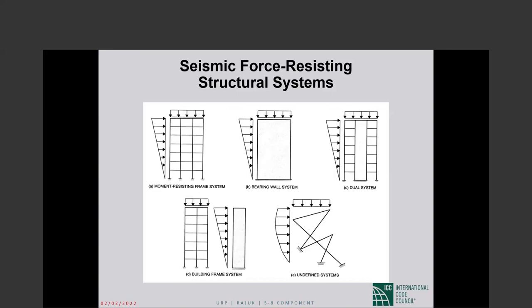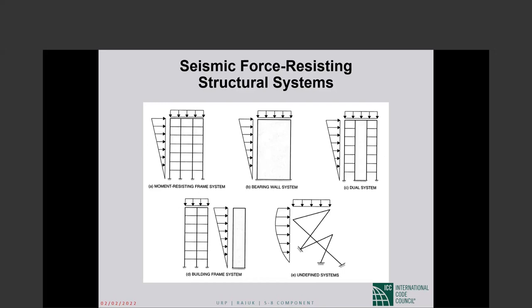Then there are combination frame shear wall systems, which can be designed in two ways, as building frame system or dual system. In a building frame system, the shear walls are designed to resist 100% of the design seismic forces, and the frames carry all the gravity.